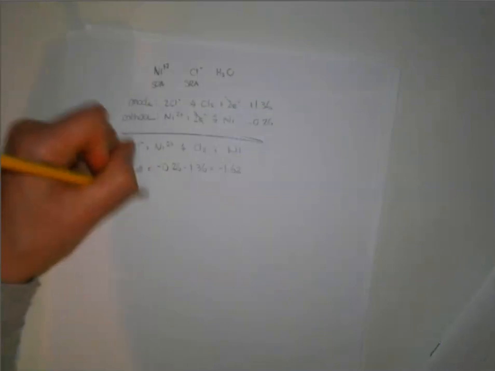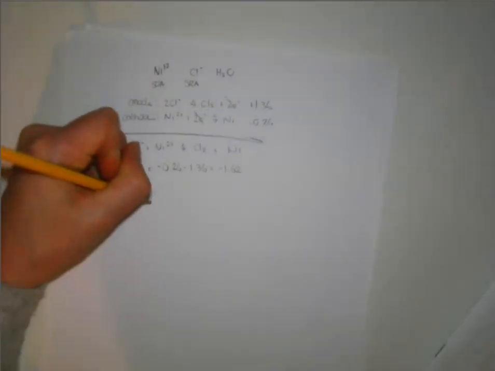So if we go to our table, we know that that is going to be this reaction here. In order for chlorine to be produced, we need to be looking at the oxidation half reaction, so the reaction in reverse, basically. I'll just write down a couple things.